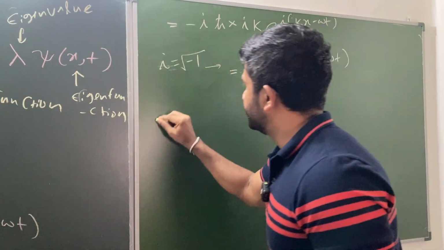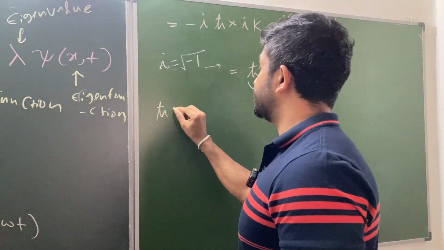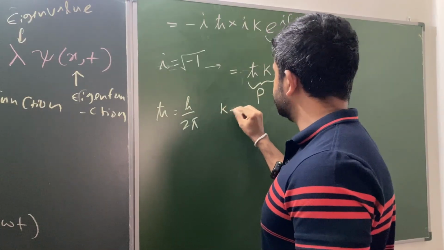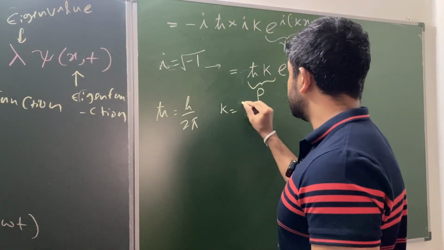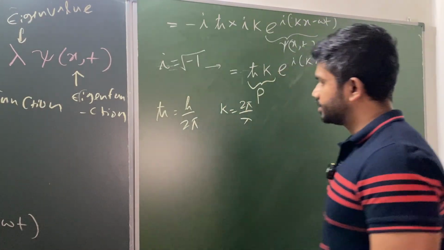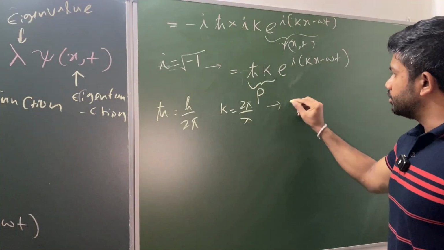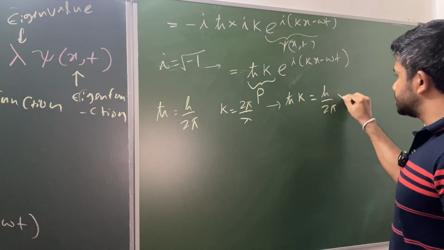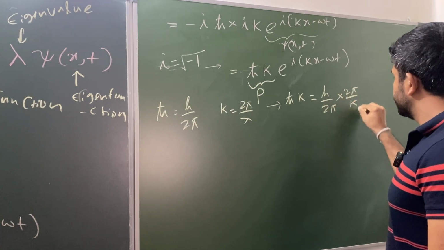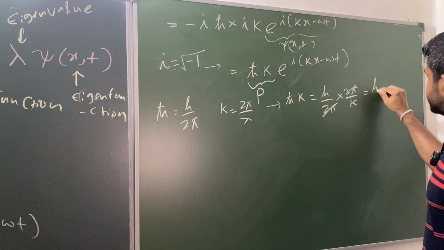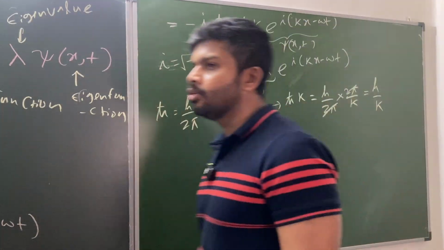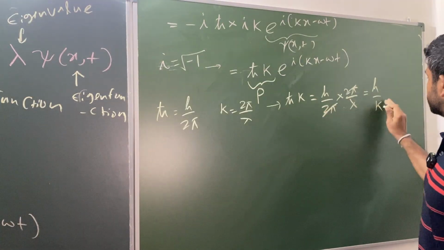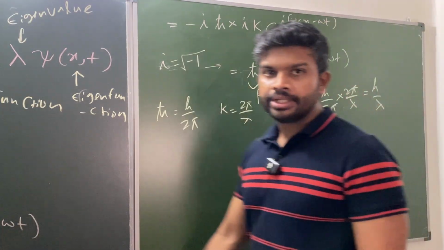Now h bar is equal to h over 2 pi, and here k is the wave number, which is 2 pi over lambda, right? So now h bar k is equal to h over 2 pi times 2 pi over lambda. So you will end up with h over lambda.